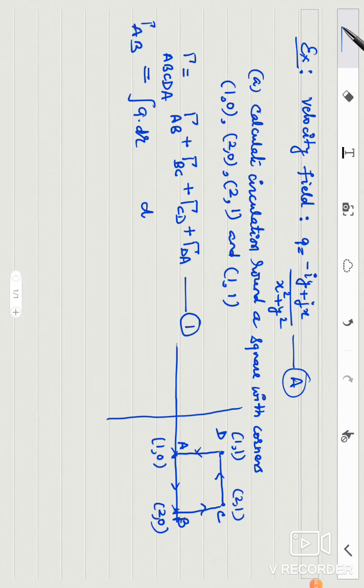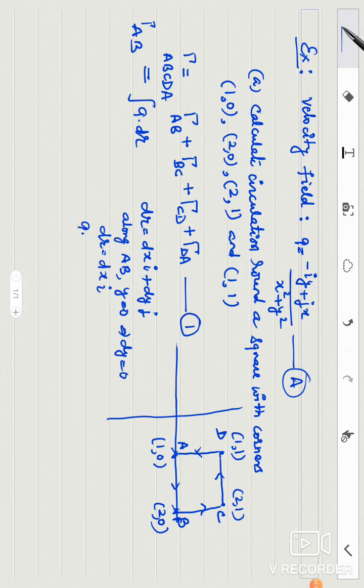I know that dr is dx i plus dy j. But y along AB is 0, so dy is 0 and dr is only dx i.